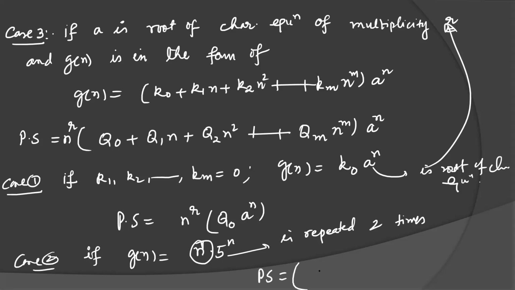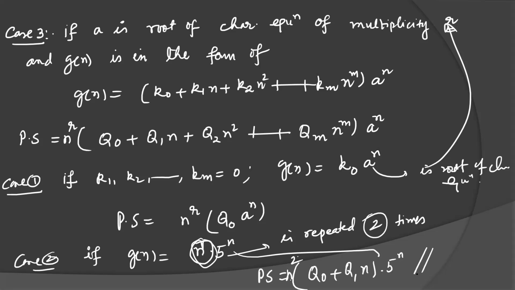Degree is 1, so all terms up to degree 1: Q naught plus Q1 n. 5 to the power n will multiply. Now, 2 times repeated, so we multiply n square. If 3 times, n cube; if 1 time, n to the power 1. So this is the way to write the particular solution here.